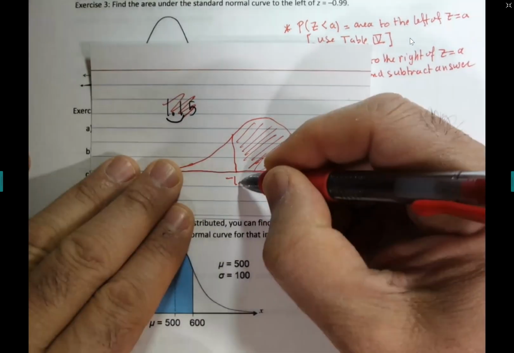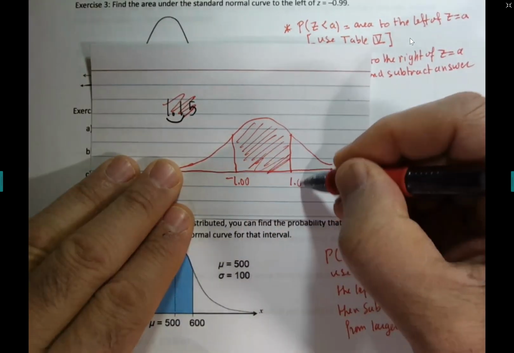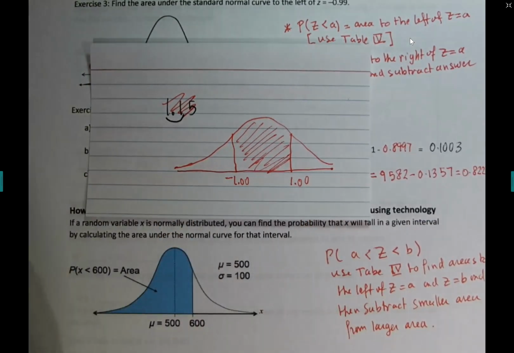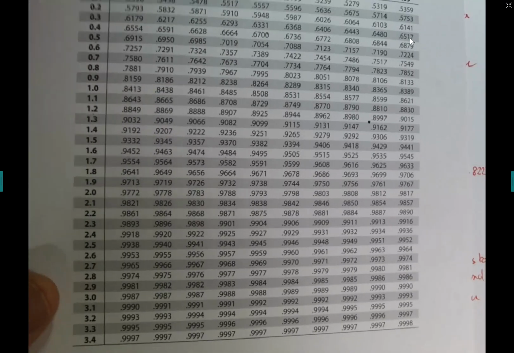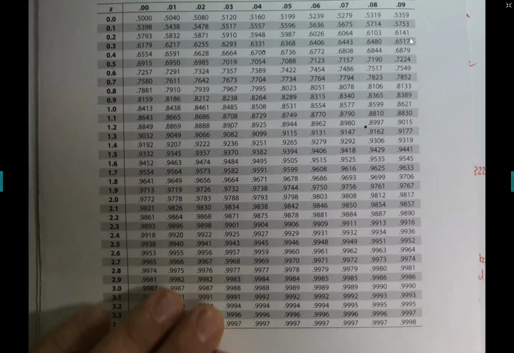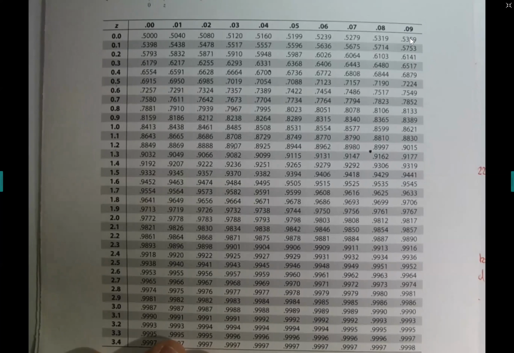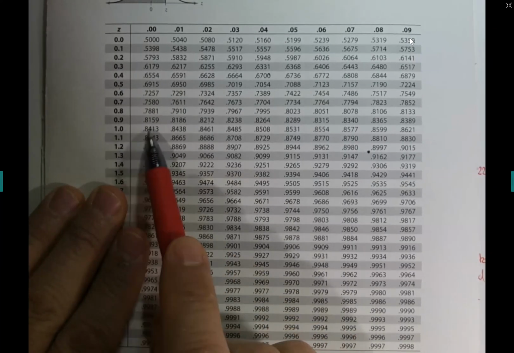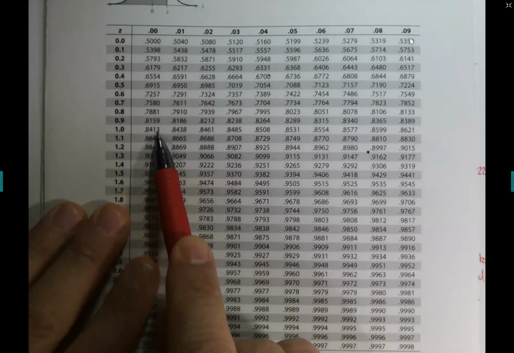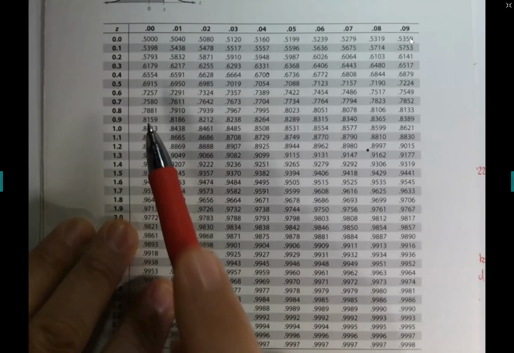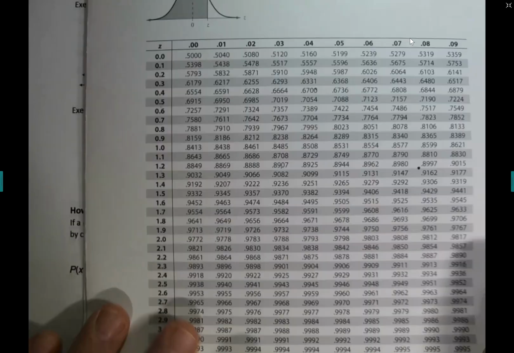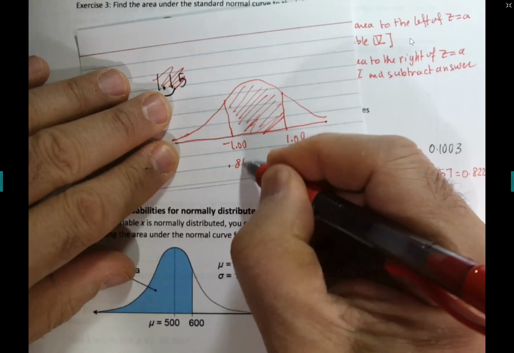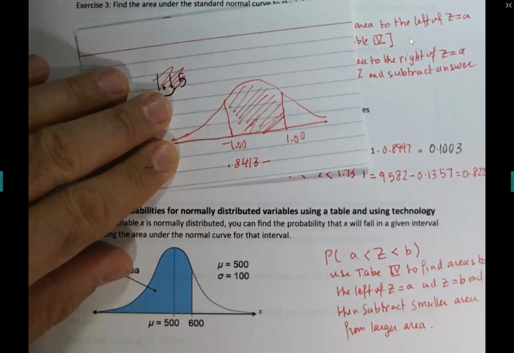Remember, this is negative 1.00 and this is 1.00. So let's see, find the area to the left of 1. What is 1.00? That's a 1.0 and that's a 0. So you guys see 0.8413. Let's write it down. Minus negative 1.